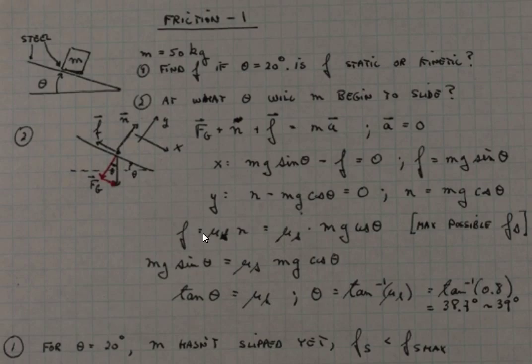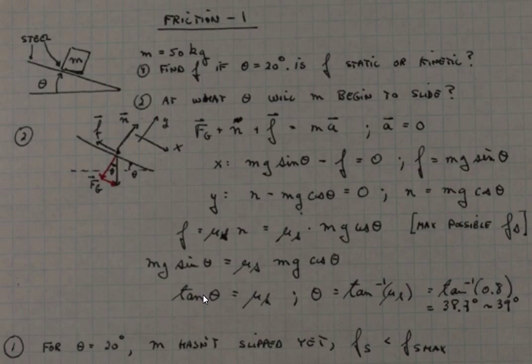So now I can put an expression together for the frictional force. Frictional force is mu sub s times n. Mu sub s times n now represents the maximum frictional force possible. So that's going to be mu sub s times n, which is mu sub s times mg cosine theta. And in that case, I can use the x equation now to set mg sine theta, which f is equal to, equal to mu sub s times mg cosine theta, which I've just gotten up here.